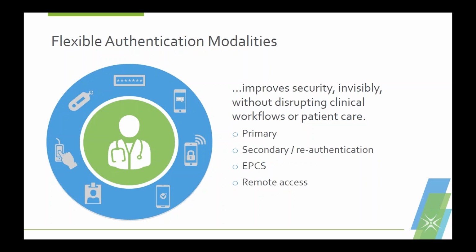Diane, in her solution at Willamette Valley, is using a tap methodology where they're allowing their users to tap in and provide their password the first time, and then for the next 5 hours, all the user has to do is tap their employee badge. Again, trying to make it more convenient and also being secure so that we have the right caregiver documenting for the right patient.